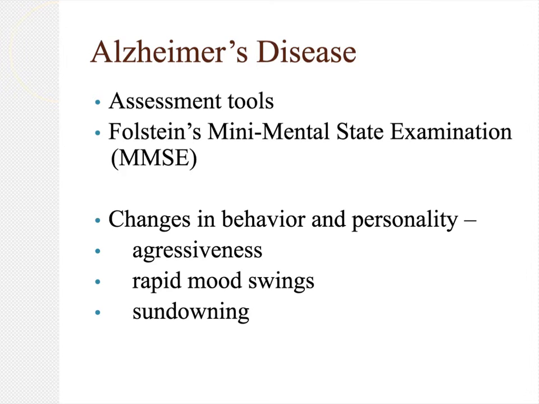Folstein's Mini Mental State Examination is also known as the Mini Mental Exam. It assesses five major areas: orientation, registration, attention and calculation, recall, and speech and language. So it's been used widely to be able to identify whether a patient is showing any of the stages of Alzheimer's disease.